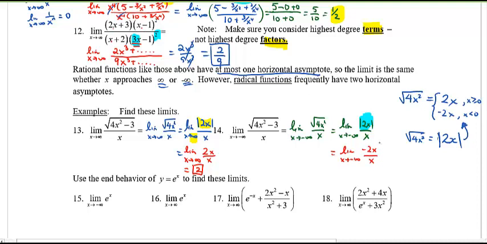And when I simplify this, lo and behold, look, there is an actual asymptote at negative 2. So if you were to graph this out, which I'm not, you'll see at infinity, the graph gets closer to 2, and at negative infinity, the graph gets closer to negative 2. So something like that. Strange.